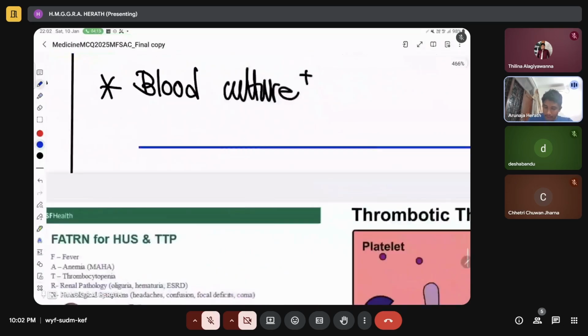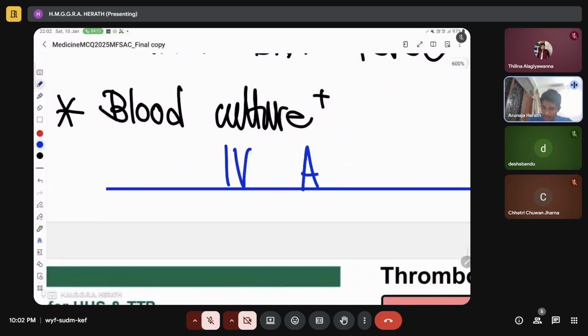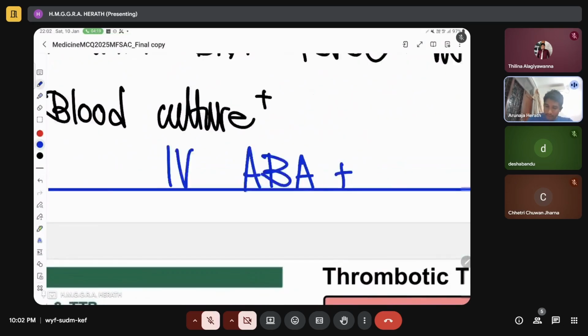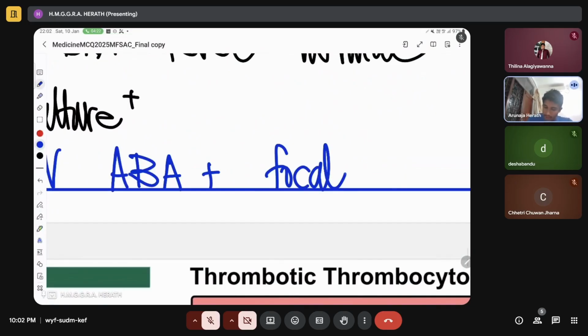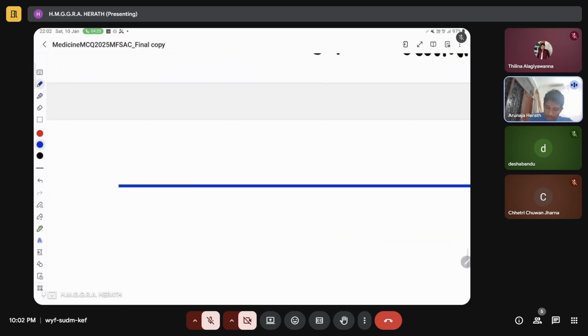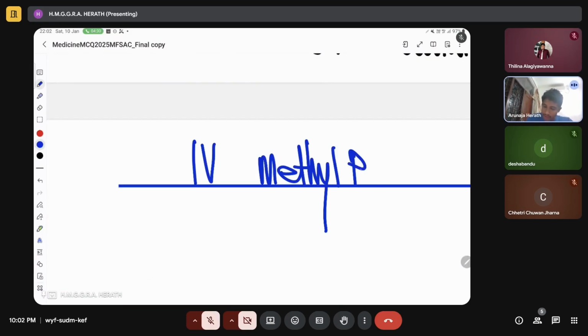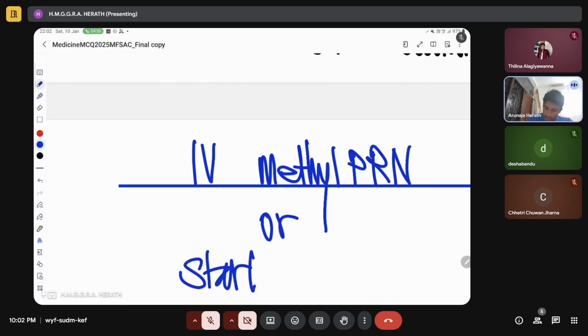straightforward. For infection, you need to give IV antibiotics and do focal control of the infection if there is an abscess or a collection. However, in a flare-up, you simply need to pulse the patient, usually with IV methylprednisolone, or start the patient on a high-dose oral corticosteroid.